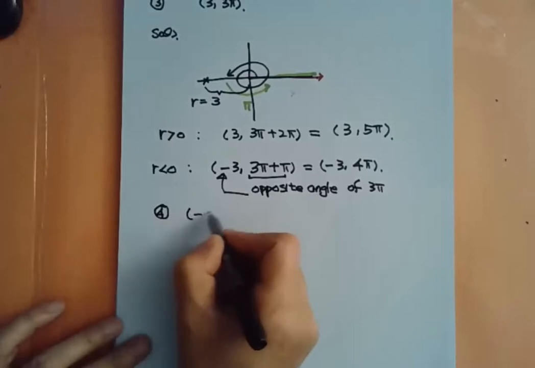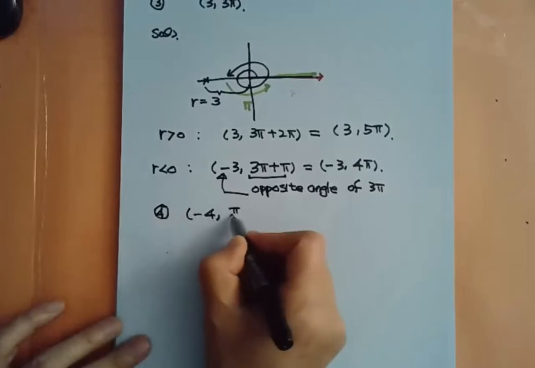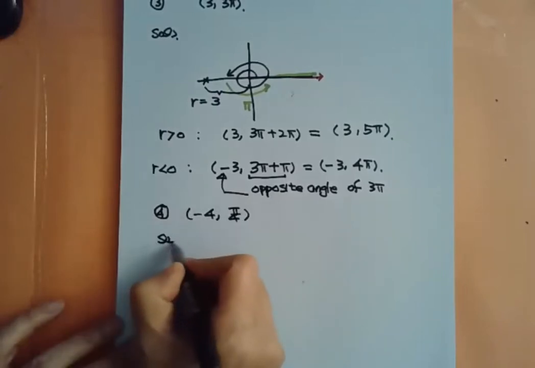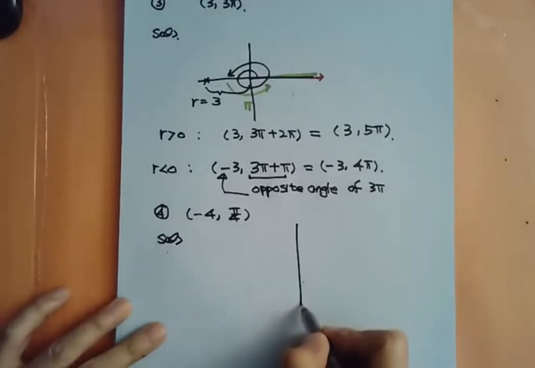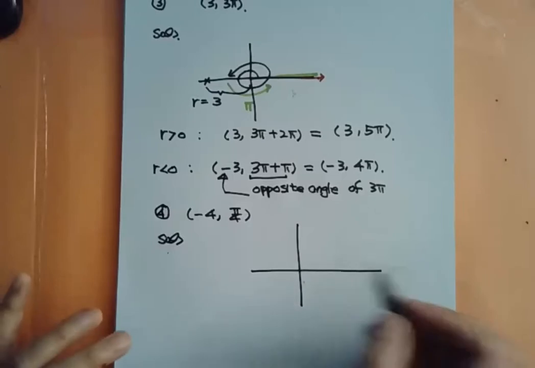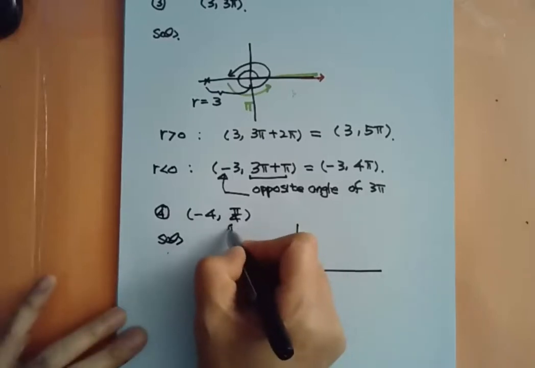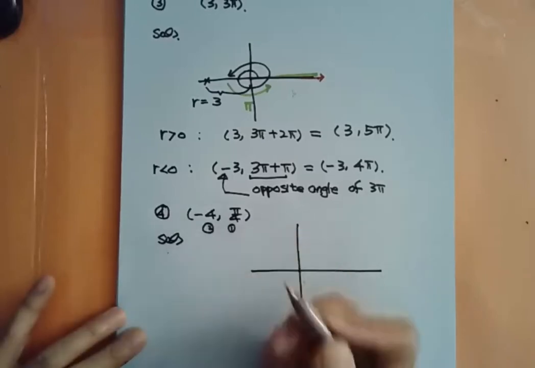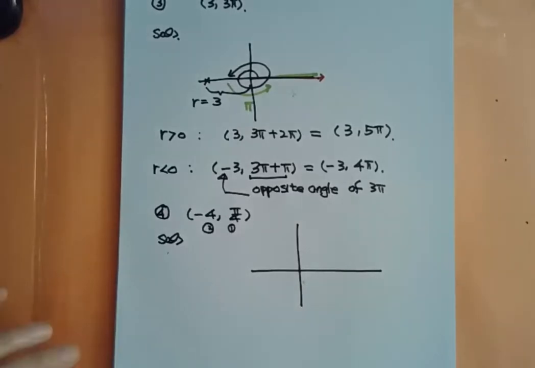The next one is minus 4 and pi over 4. So again, we think about the angle and then the distance with orientation.